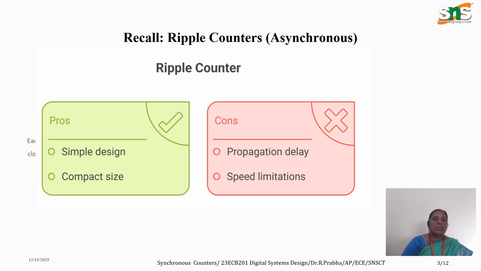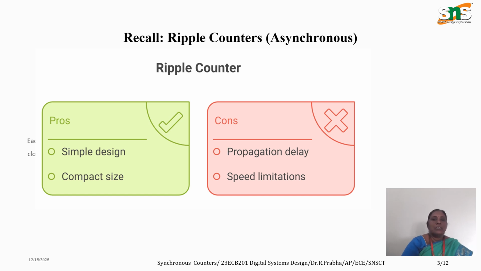So now the previous topic, ripple counters, is asynchronous counters. In synchronous counters, a common clock signal is applied to all the flip-flops simultaneously, but in a ripple counter or asynchronous counter, only the first flip-flop receives the external clock signal. The output of one flip-flop is given as a clock signal to the subsequent flip-flops. Because of this reason, the ripple counter design is very simple and low cost.